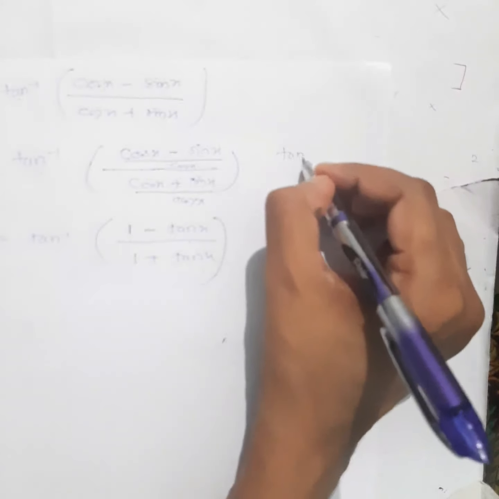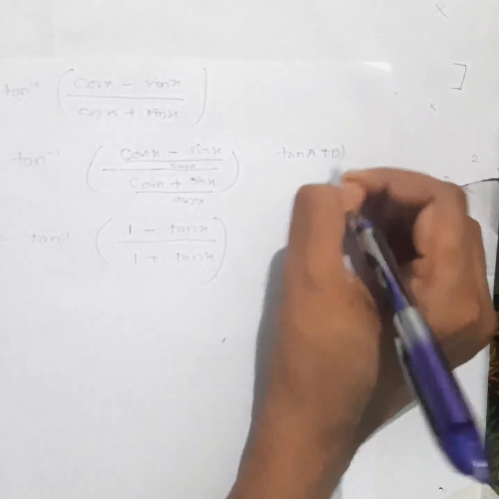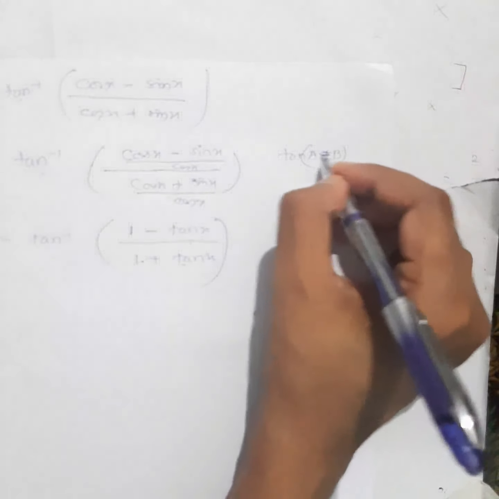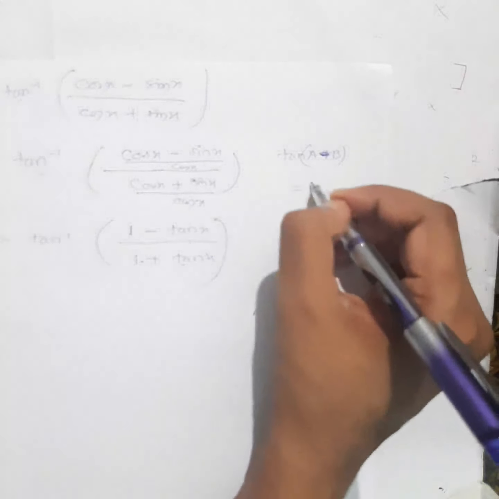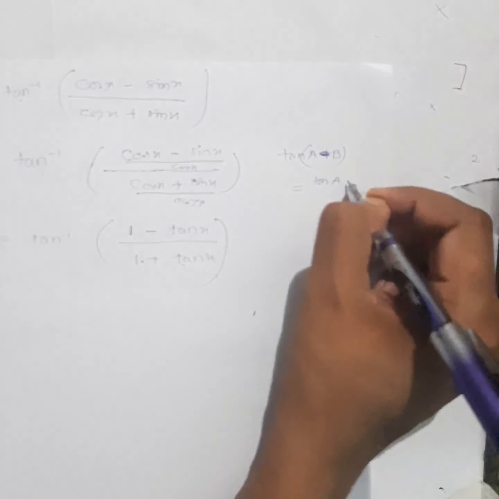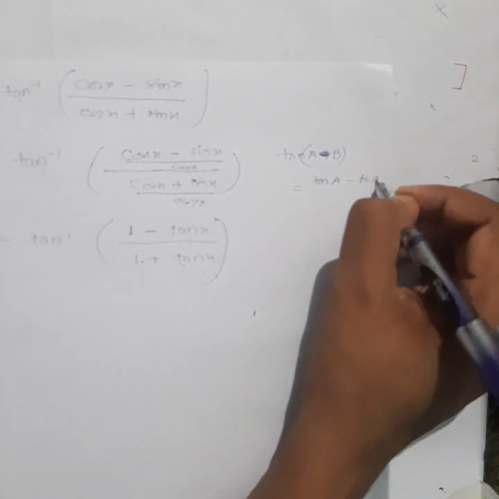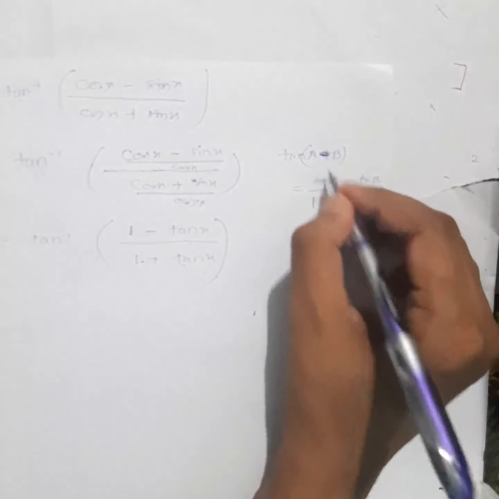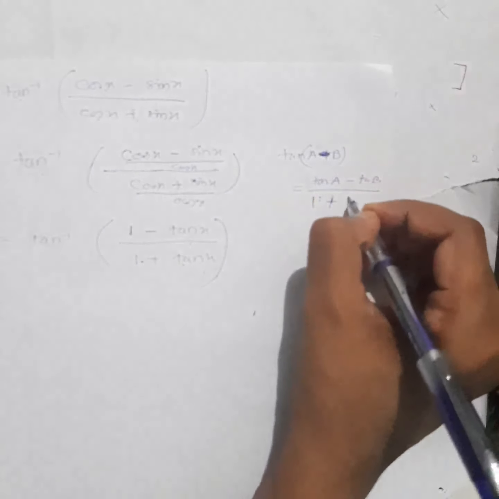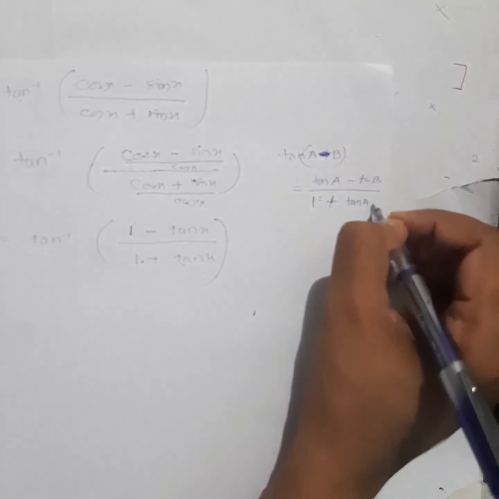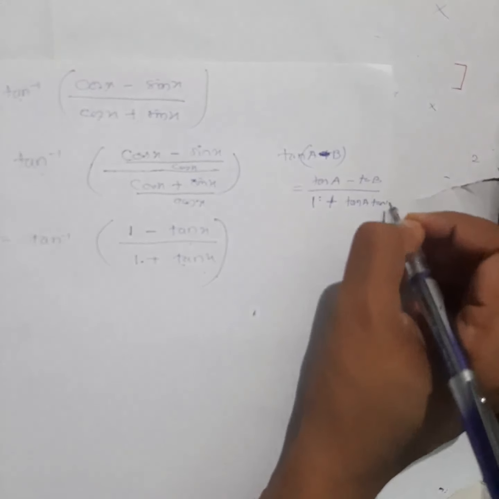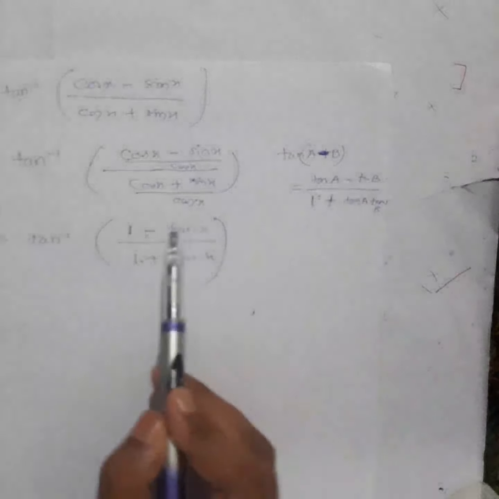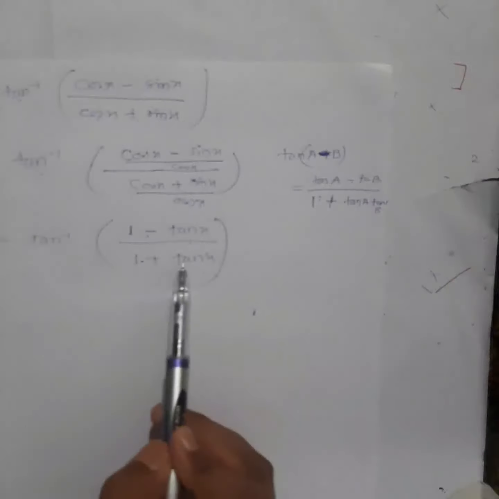What was the identity? tan(a minus b) = (tan a minus tan b) by (1 plus tan a tan b), with the opposite sign. This is minus, then this will be plus, tan a tan b. It is quite similar to that. You can see minus tan something, tan something, 1 plus tan x.